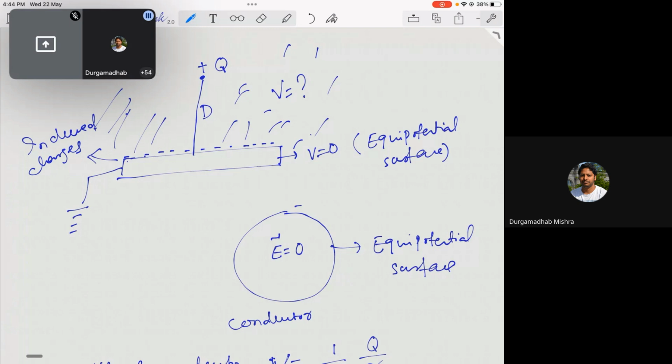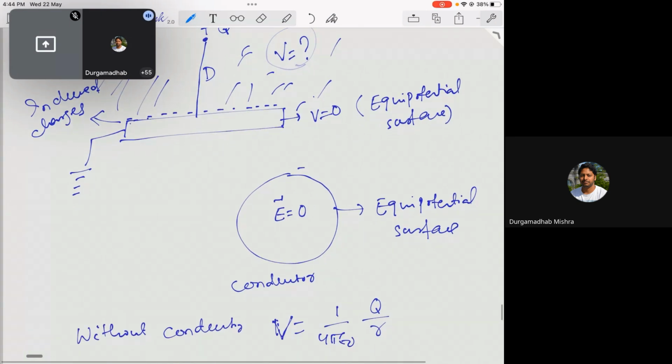But we don't know how this charge distribution is on the conducting surface, because Q being at a distance d does not tell me how the charge distribution on the conductor will be. It only tells there will be surface charges induced on the conductor, and that is going to affect my potential V.